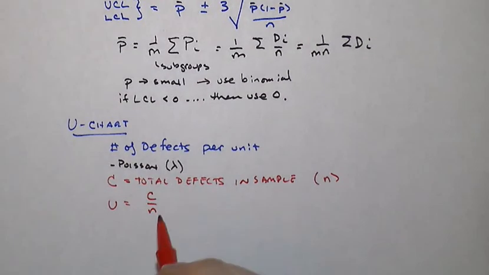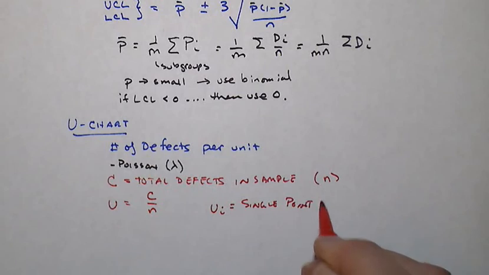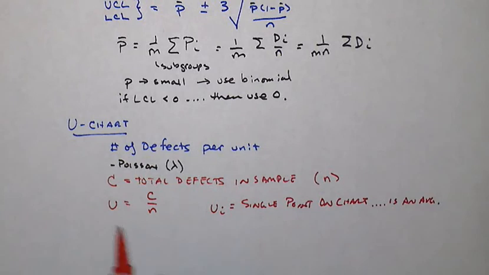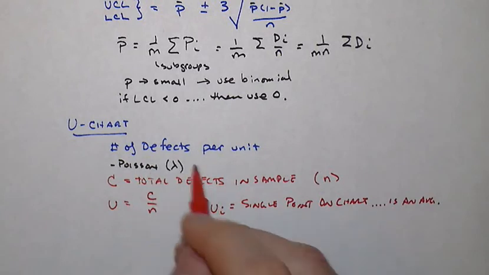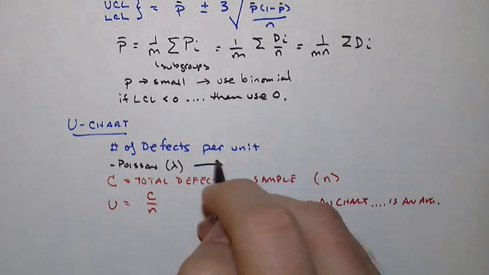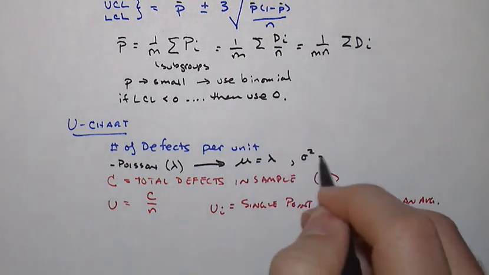But because it's a Poisson situation, we need to think about that u sub i, which is our single point that we're plotting on the chart, and that this u sub i in itself is an average. If we go back to the Poisson distribution for a moment, it has this parameter lambda: the mean of the Poisson random variable is lambda, and its variance is also lambda.